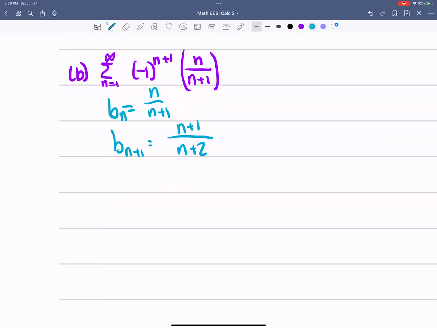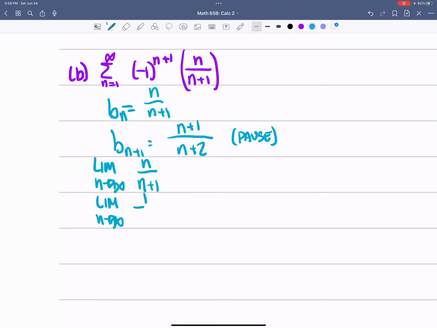Let's see if the limit tells us anything. The limit as n approaches infinity of b sub n, with n plus 1 in the denominator and n in the numerator. Let's multiply the top and bottom by 1 over n.